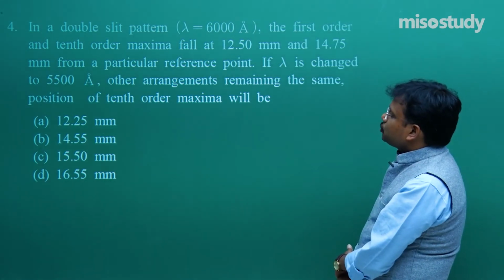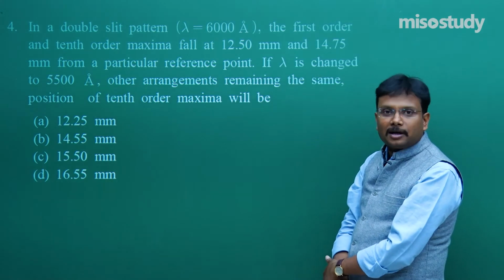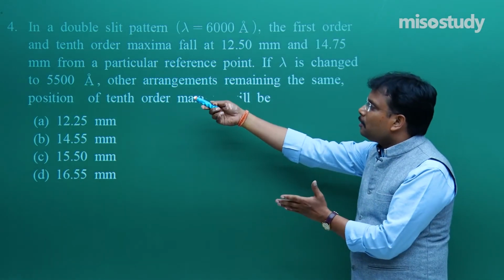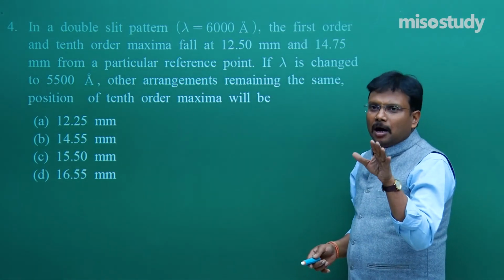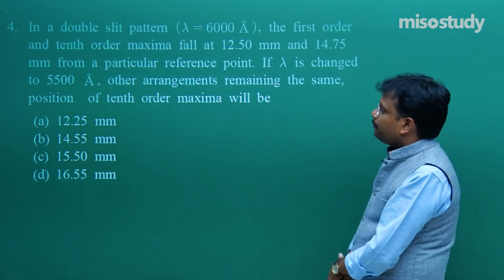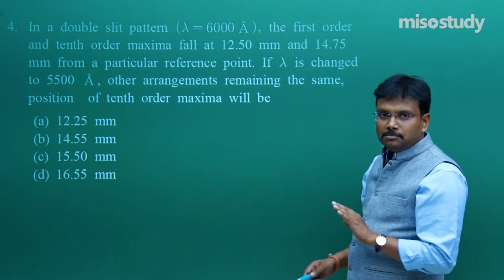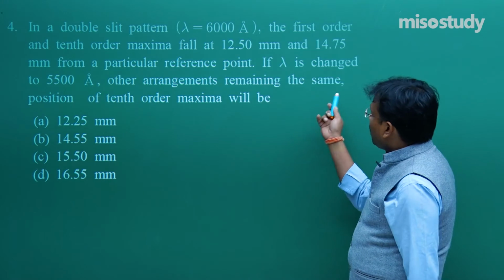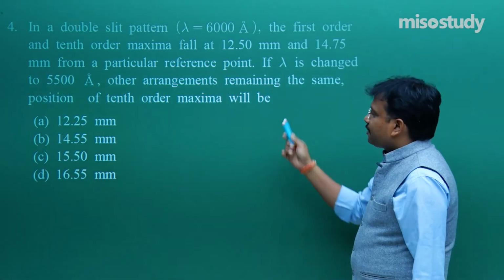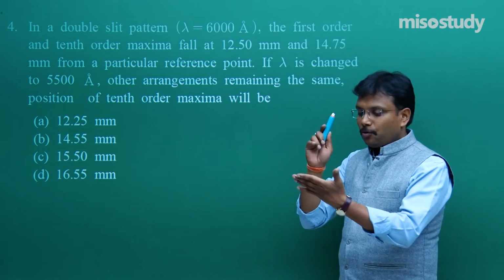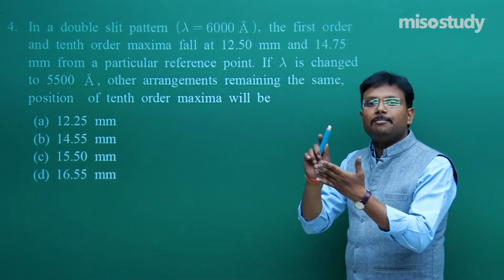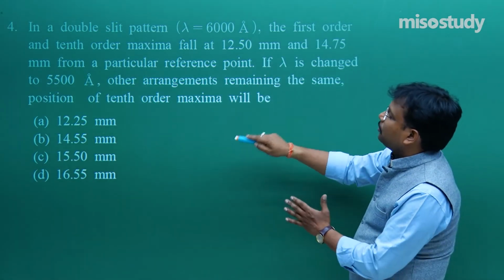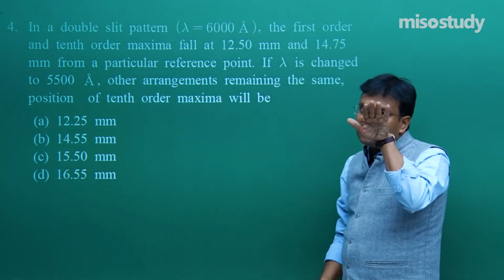If lambda is changed to 5500 angstrom, again change in wavelength, but not sharp change, a very minute change of just 500 angstrom. Other arrangements remaining same, means slit spacing, screen spacing, everything same. Position of 10th order maxima will be how much? Fine. So first maxima, then minima, then maxima, then minima, so on so forth. So you have to find out 10th order maxima if wavelength is slightly decreased.